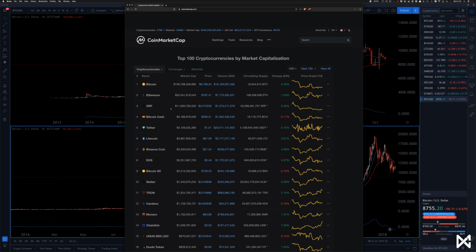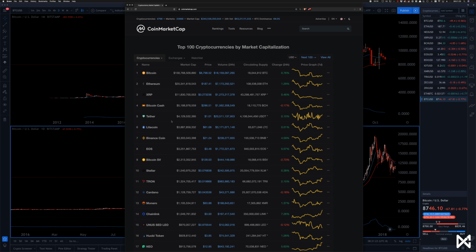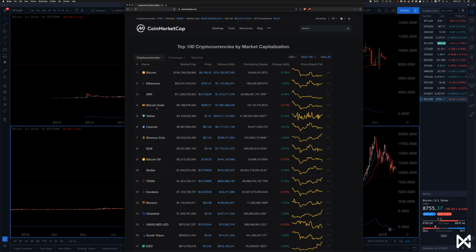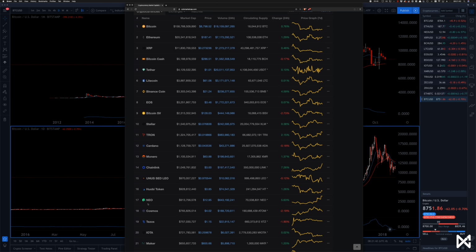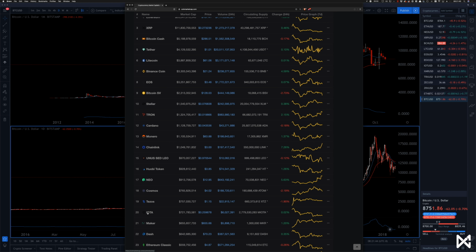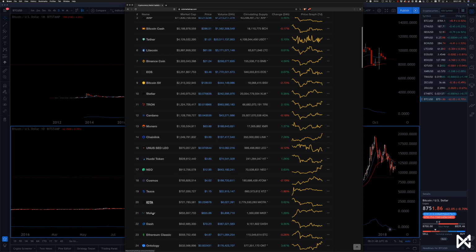But from now on, you can choose the currencies that you focus on. You can focus on the top 10 as an example: Bitcoin, Ethereum, Ripple, Bitcoin Cash, Litecoin, Binance, EOS, Stellar, Tron, and so on. You can continue going to the top 20. There are some other really interesting ones like Monero, Cardano, Neo, and IOTA, which is a really interesting one as well that you might want to dig into.